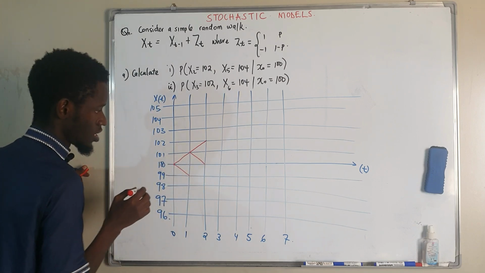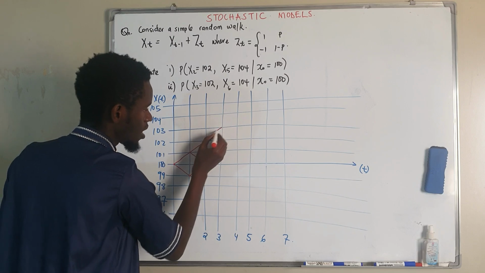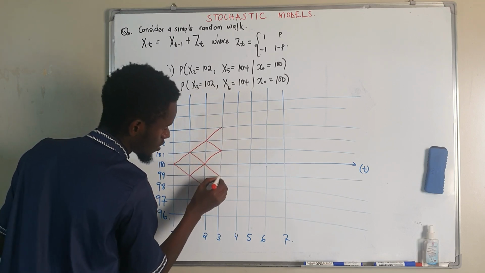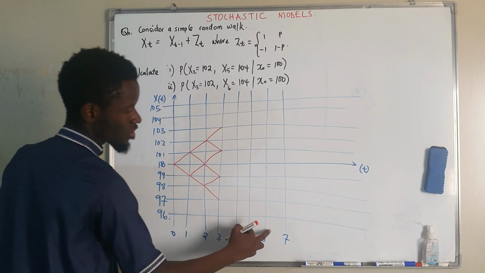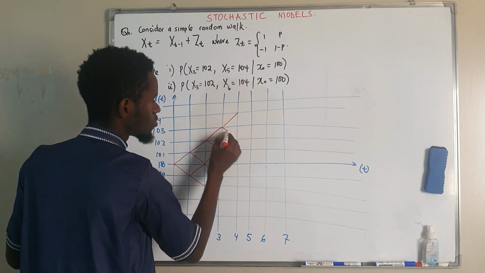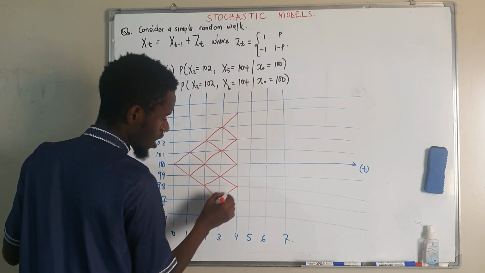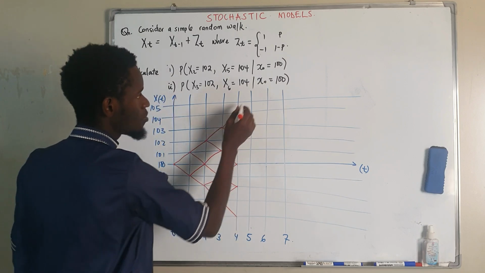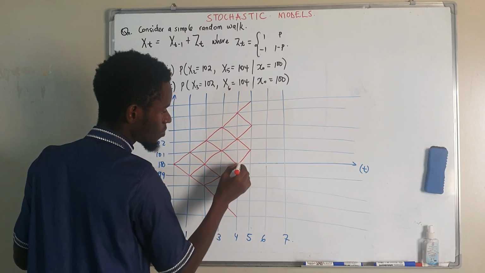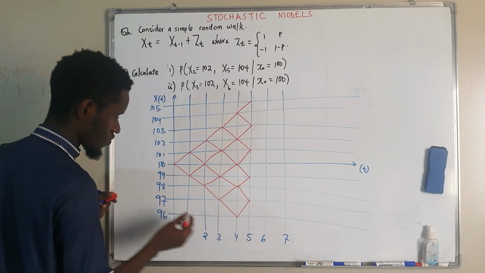The same thing happens here and here, as we said in the last video, up to when I reach t equals 6, I move up, then down, up, down, and so on.